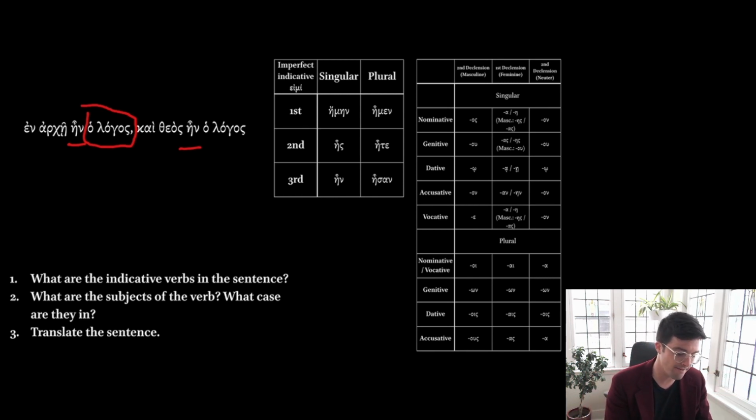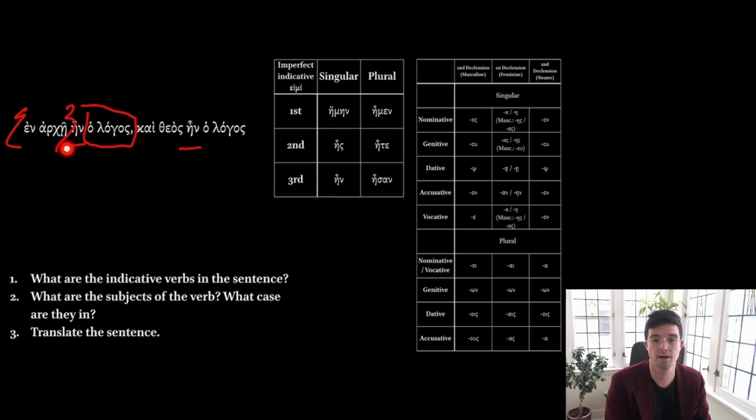And that's what we have here. This is just saying the word was, or the word existed. And then the additional part of our sentence here, this in arche, is going to be a prepositional phrase telling us when the word was, or when the word existed. And of course, the word existed in the beginning.